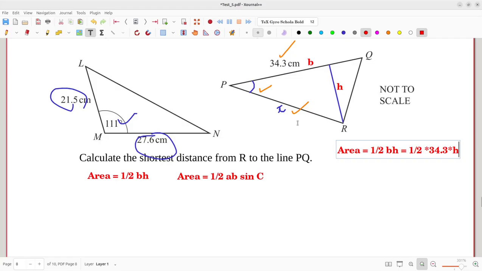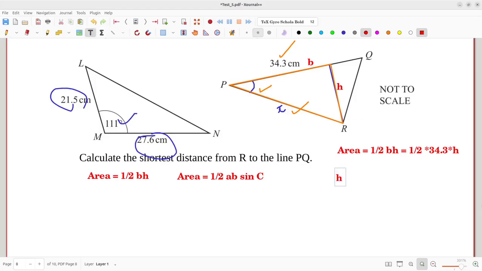Now, from this right angle triangle that I've just highlighted with an orange color, suppose I know this angle and that, and I want to find h using SOHCAHTOA. What will be h?